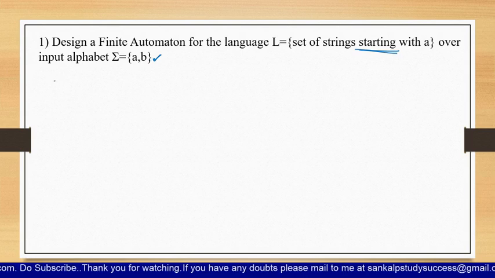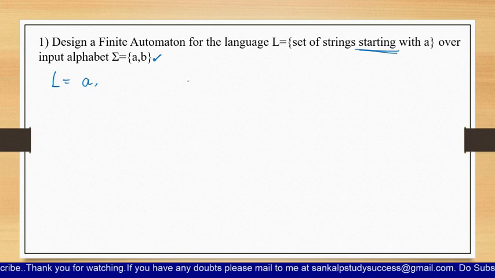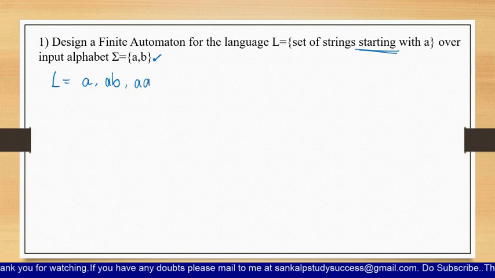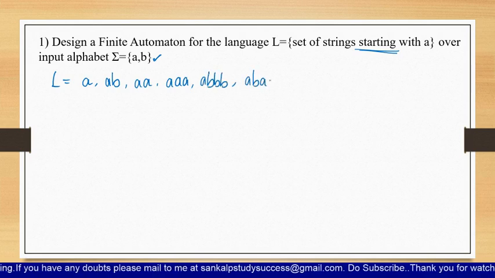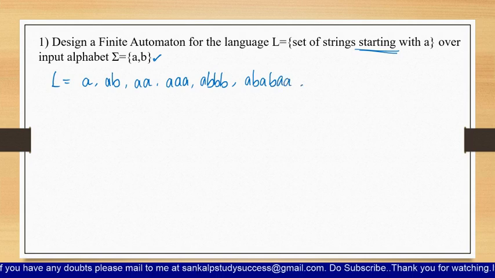That means let us write L is equal to: single A is also a string, right? Single A, you can also take AB, AA, triple A, that means any number of A's, or A followed by any number of B's, or a combination, AB, AA, and so on.